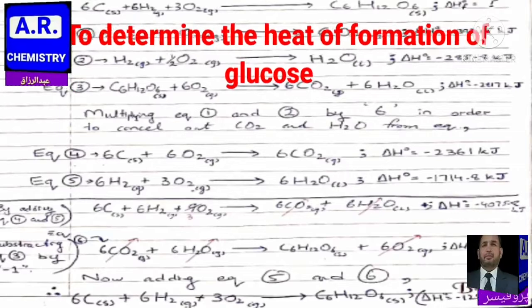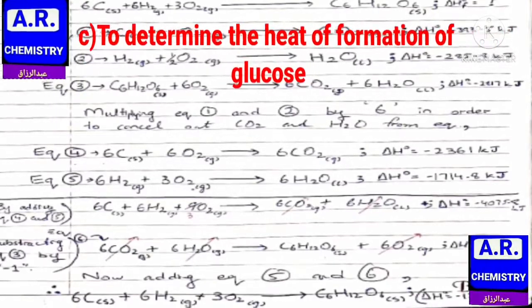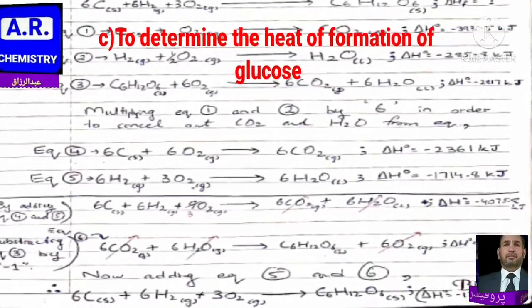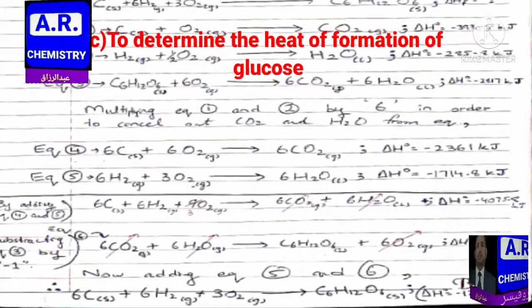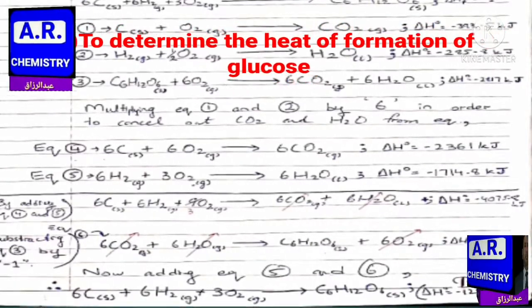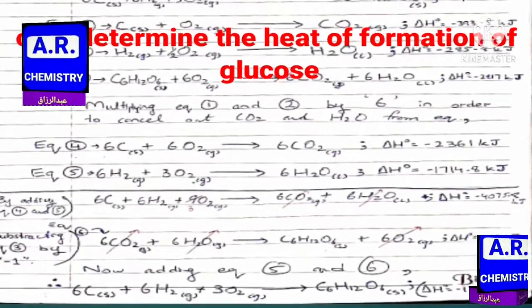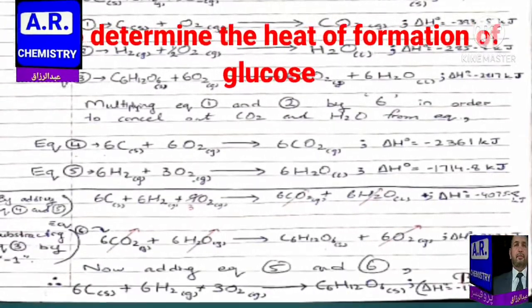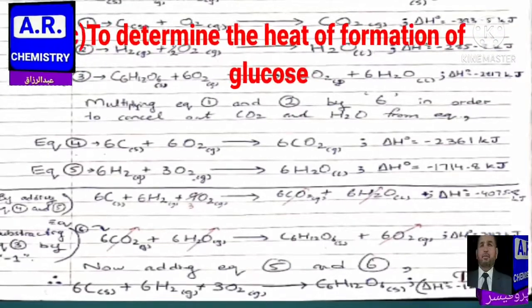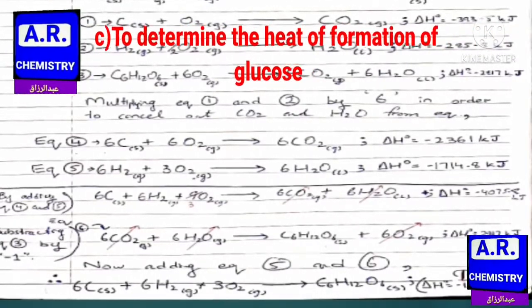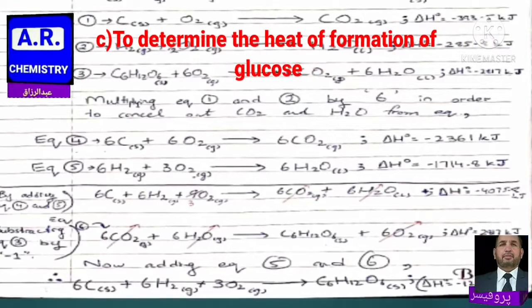So after doing this, glucose is on the left hand side in the combustion reaction of glucose. You are to either invert this equation. When you change this equation, that is, products will be put on the reactant side and reactants on the product side, their enthalpy value will also change.